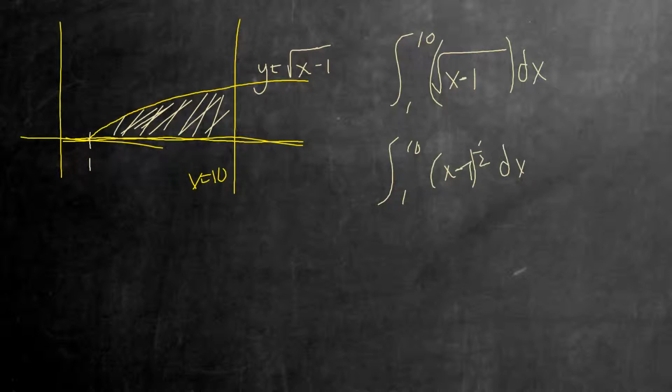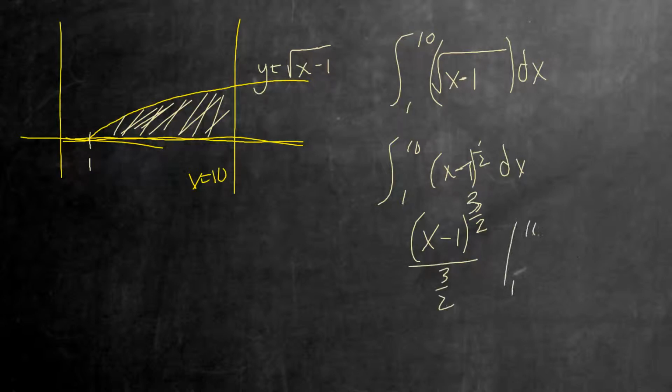Now, a u substitution would be fine, but there's really going to be no chain rule on the derivative of the x minus 1. So we can just add 1 to the 1/2. x minus 1 to the 3/2 divided by 3/2 from 1 to 10.